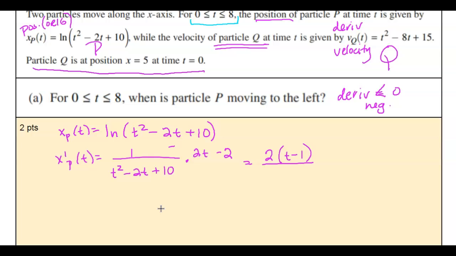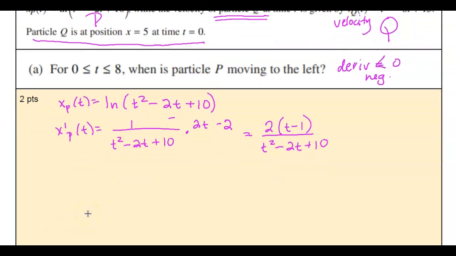This doesn't factor, so we'll leave that alone. All right, so what I want to know is when my derivative is actually going to equal 0, so I know when it might change directions.